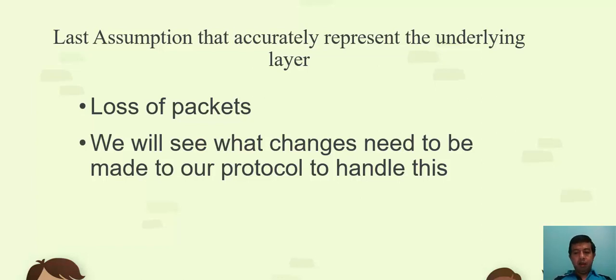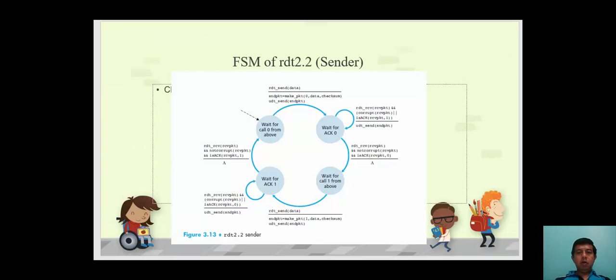This we'll see today. Just a quick view of our rdt 2.2 protocol of the sender side. This was clearly explained in the last lecture. So again, I urge you to go through that lecture once again if you have forgotten about rdt version 2. So this was the finite state machine of the sender side.